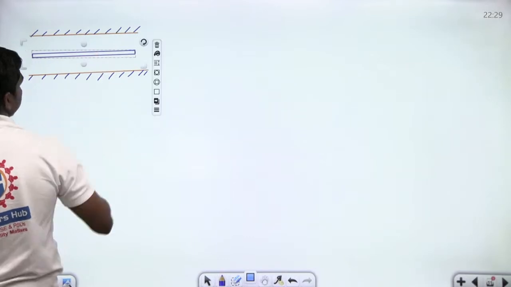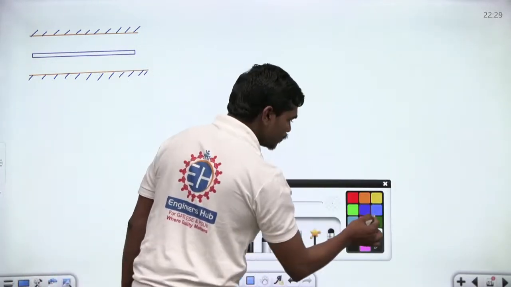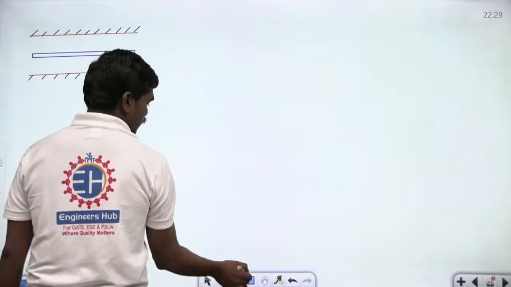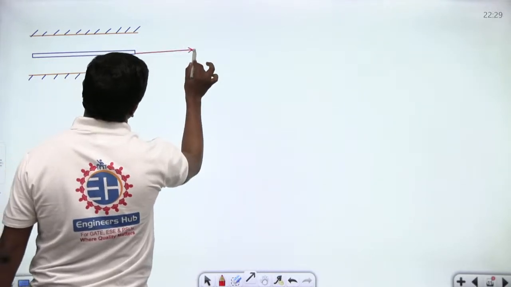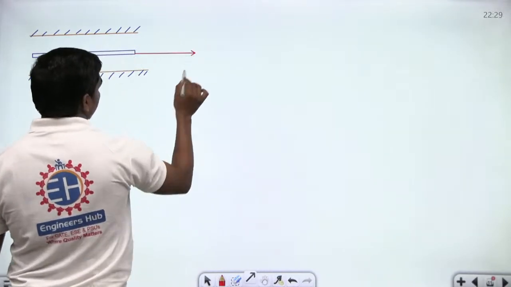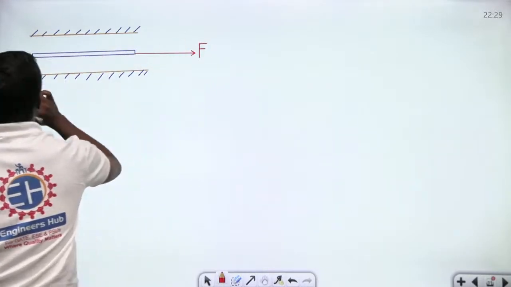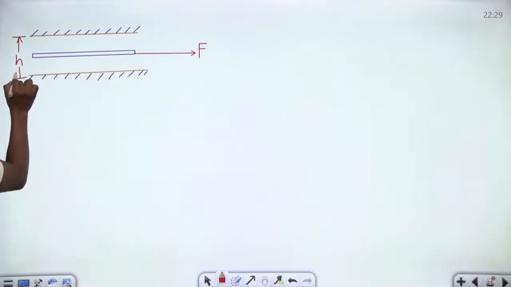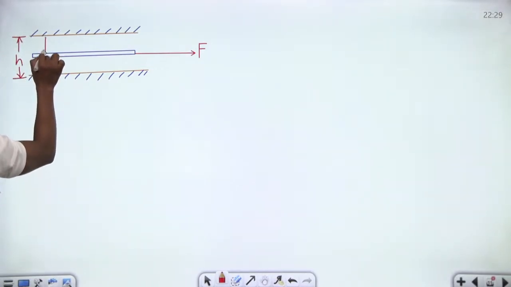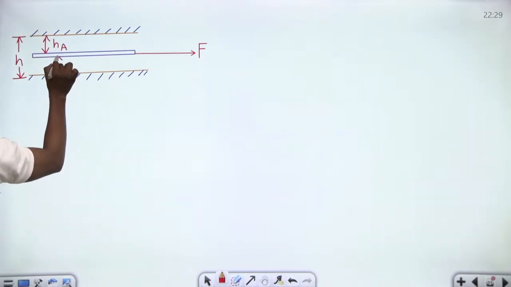Now, if this plate is being pulled off with some force F towards the horizontal direction, and let us suppose the distance between these 2 plates is h initially, and let us suppose this distance is HA, and let us suppose this distance is HB.